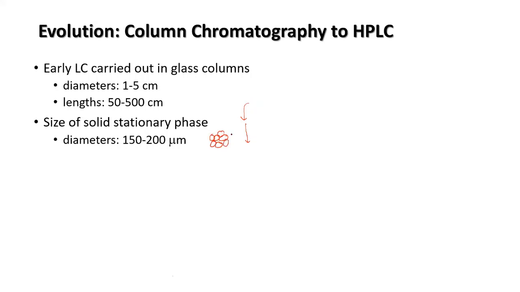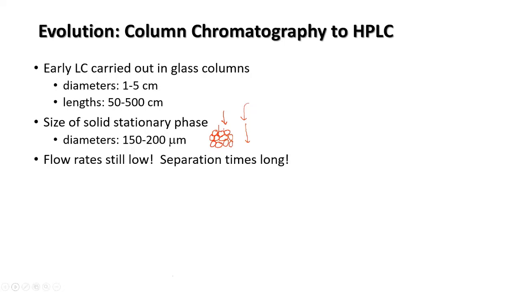If you look at what I'm drawing, here you have the gap between the two particles, right? And these gaps are required for smooth movement of the liquid phase. So it's found that 150 to 200 micrometer is a suitable particle size of the stationary phase for doing the column chromatographic separation, for efficient separation.